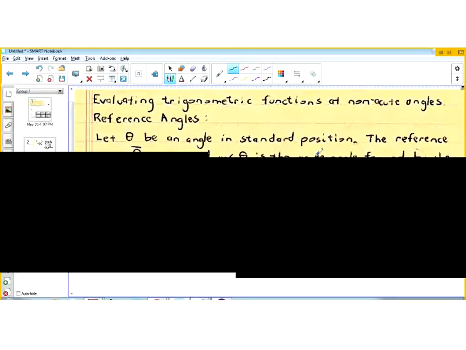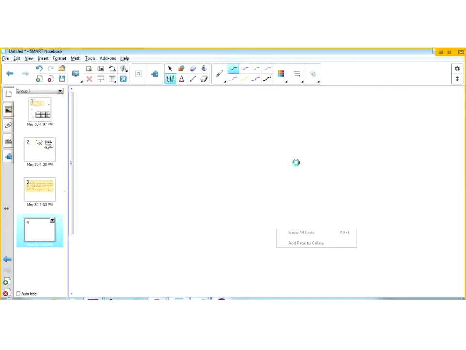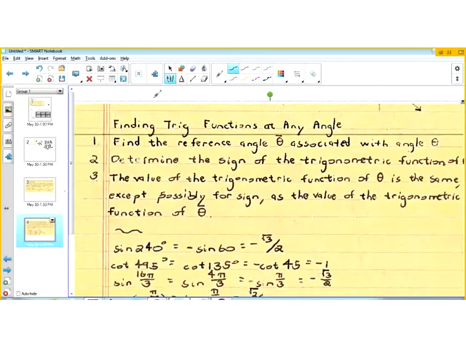Let me paste it in the whiteboard on the next page. So, finding trigonometric functions at any angle.